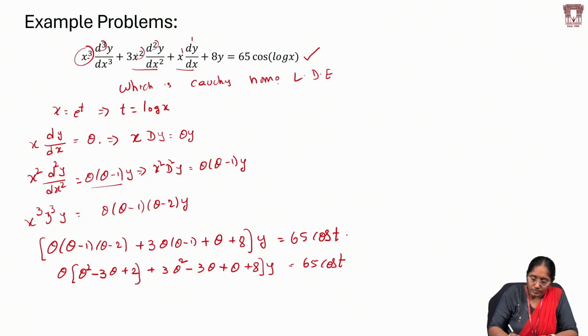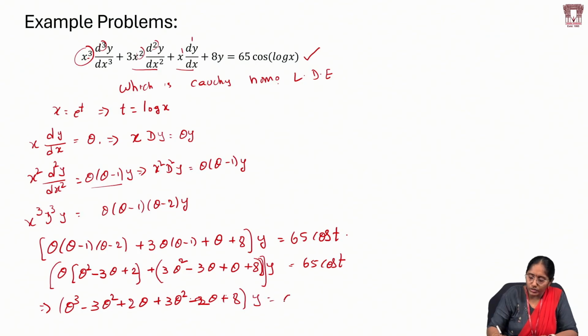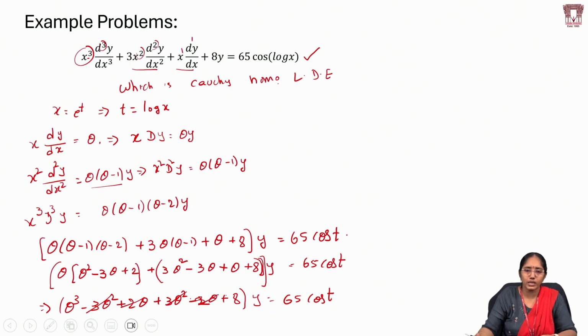Now again simplify: theta cube minus 3 theta square plus 2 theta plus 3 theta square minus 3 theta, minus 2 theta as we simplify, plus 8, whole into y is equal to 65 cos t. Here minus 3 theta square and plus 3 theta square are cancelled, and minus 2 theta and plus 2 theta are cancelled.